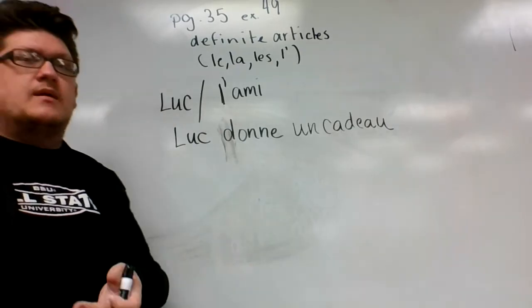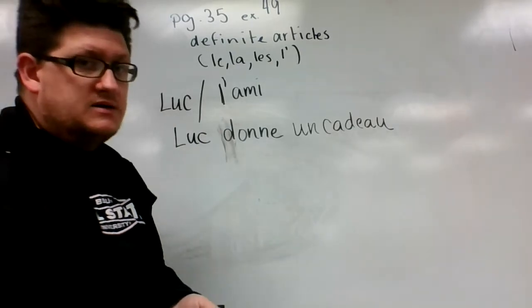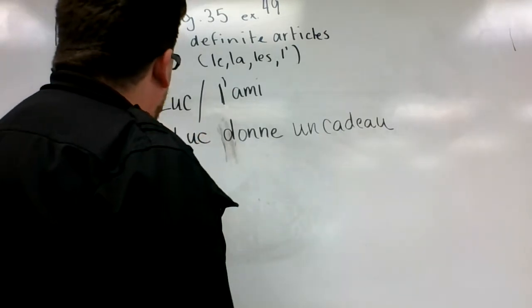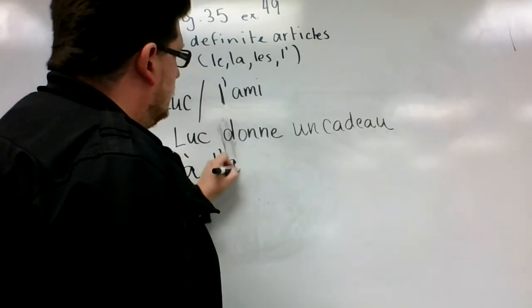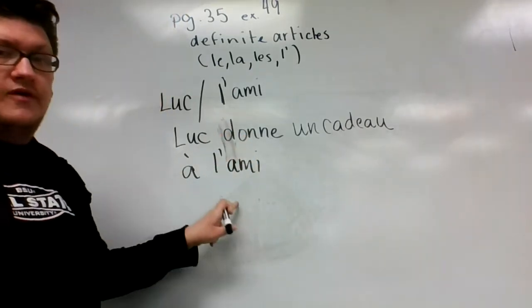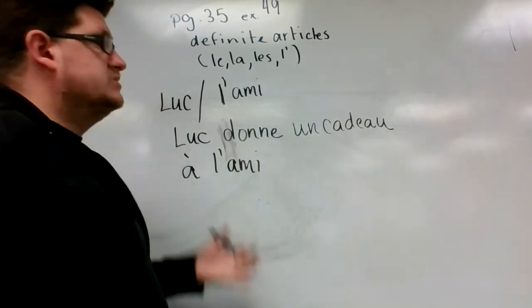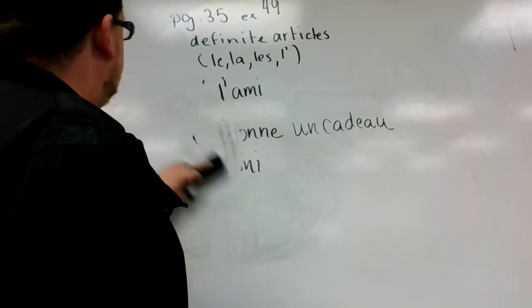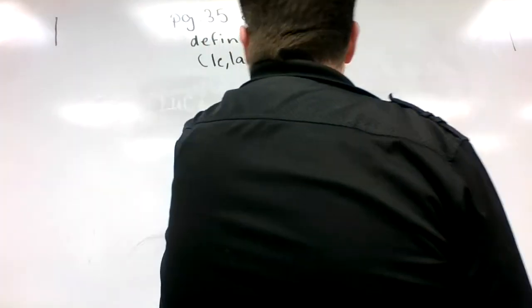If you remember the rules, if it's l', we would say Luc donne un cadeau à l'ami. You don't really have to change it. You're just putting that preposition à, which means "to", to the friend. So Luc donne un cadeau à l'ami. C'est facile. Easy.